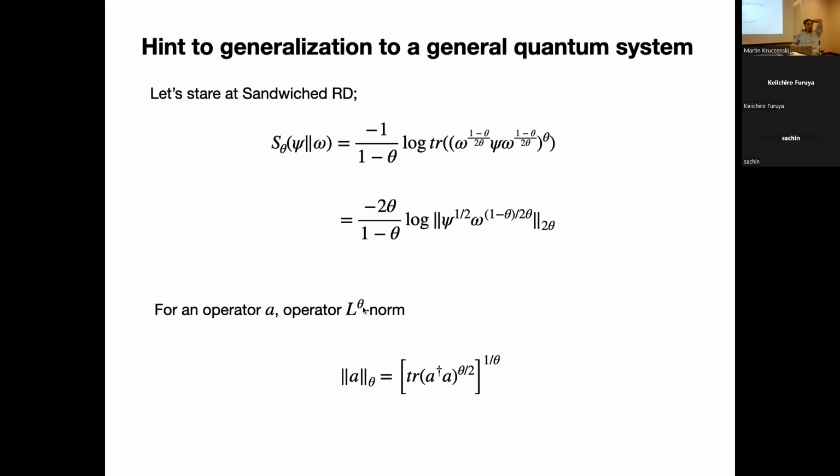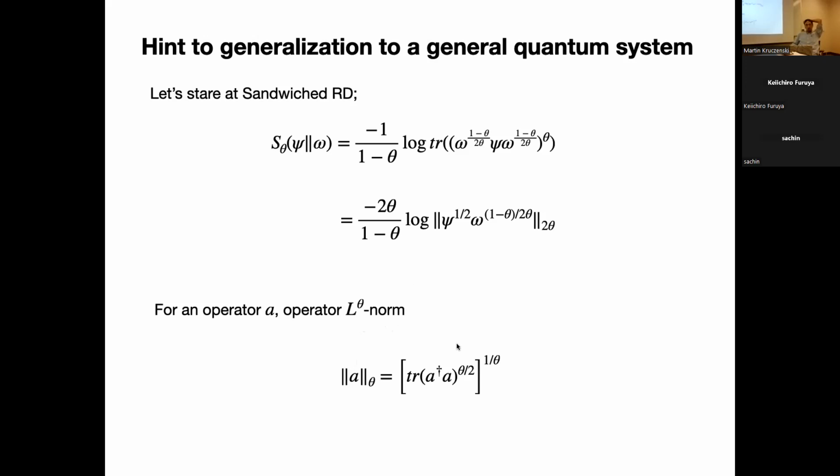If theta is infinite, it is sometimes called the operator norm, which gives you the maximum eigenvalue. So this is called the L theta norm, and for operators, not just vectors, we put the operator inside the theta norm. Using this, we have a well-defined L theta norm for any bounded operators.